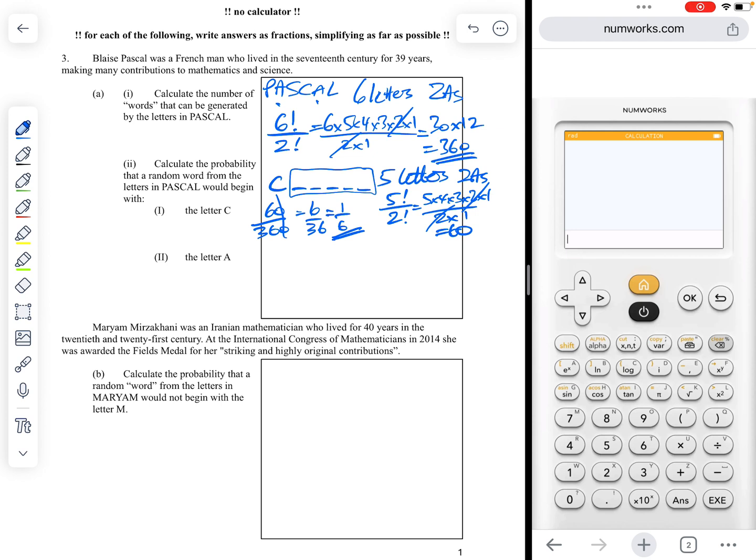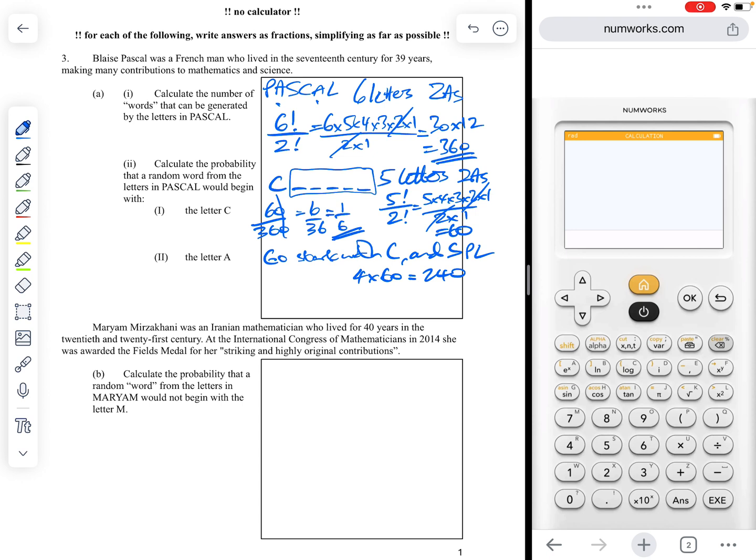What about beginning with the letter A? So one approach would be to say that 60 of the words start with C, but also by sort of symmetry or whatever, starting with S, 60, and P and L. So that is 4 times 60, which is 240.